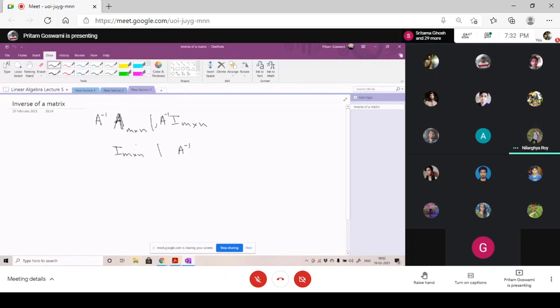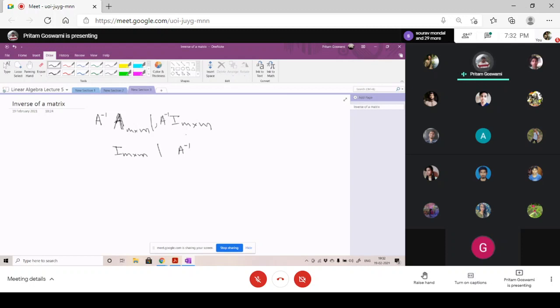Sir, will an inverse exist for an M cross N matrix? Let's first say a square matrix. But if the matrix is not square, and suppose the rank is equal to the number of columns, then a one-sided inverse might exist.